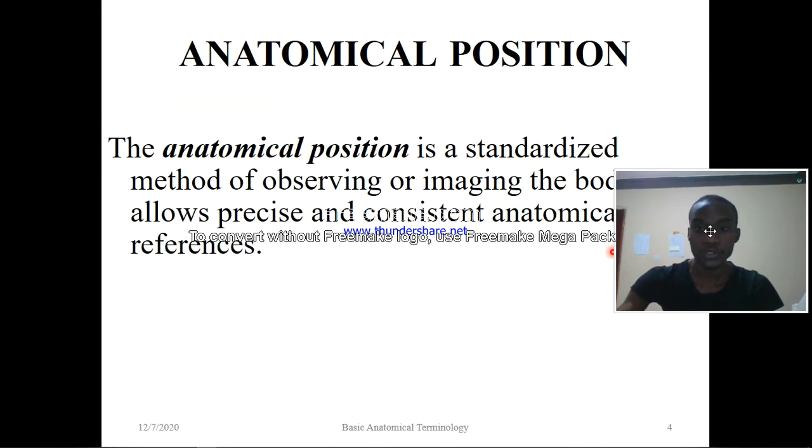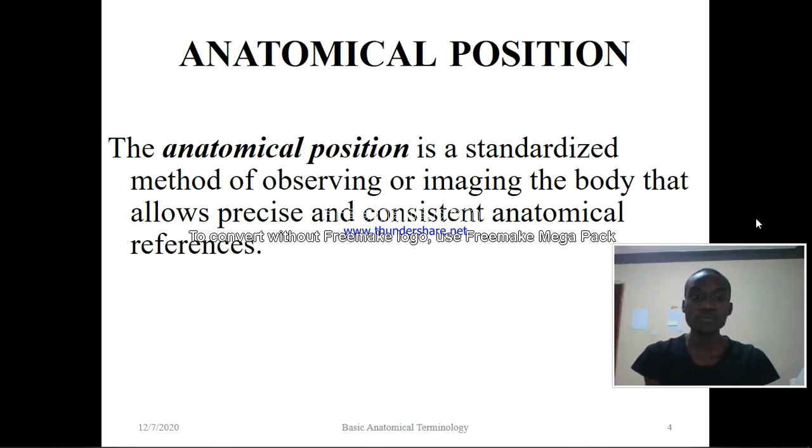So to start off with anatomical position. An anatomical position is a standardized method of observing or imaging the body so as to allow for precise and consistent results or references.